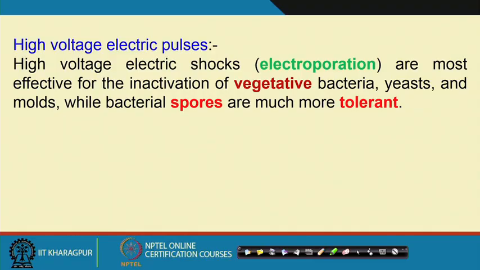High voltage electric shocks, and that is called electroporation, is given to inactivate the vegetative bacterial cells. Vegetative. Now, in the previous class we also said one more thing, that was the spore former. Those vegetative cells which become more resistant, they form spores.